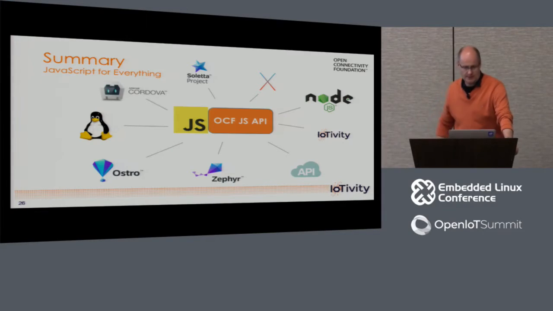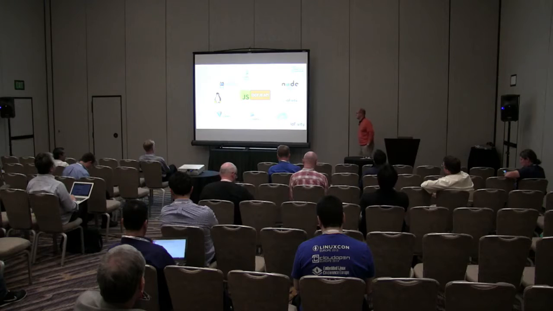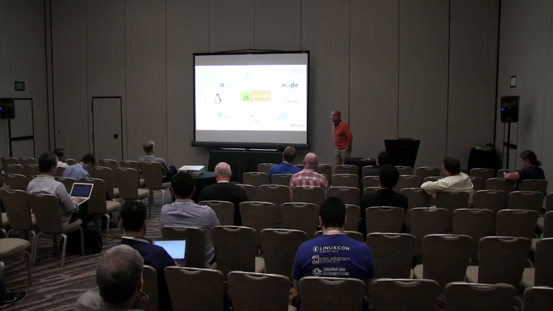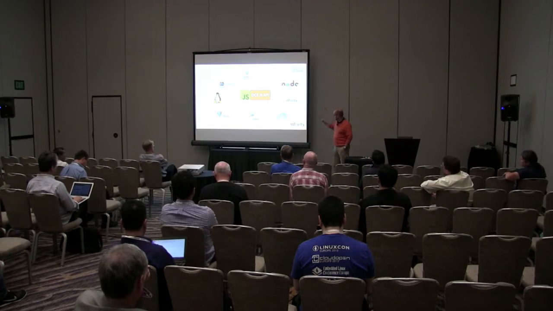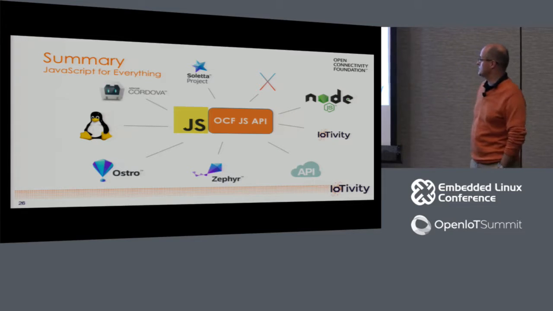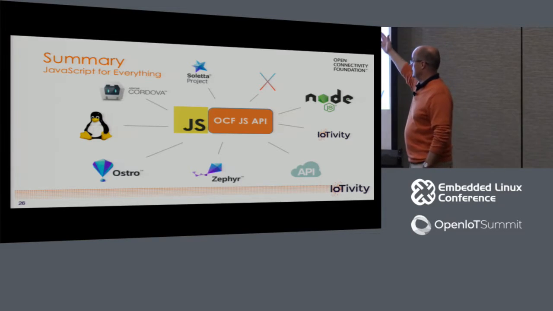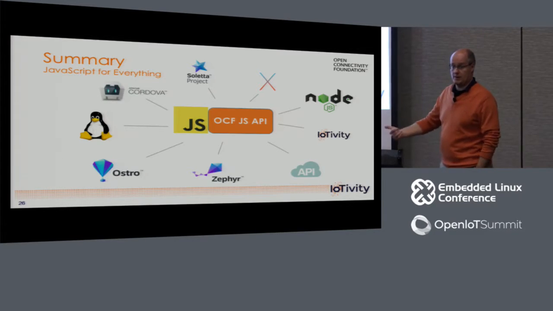So as a summary, we've covered a lot of different technologies, OSes, APIs, but the core piece of everything is the OCF JavaScript API, which is standard across all the OSes. You can use multiple operating systems, and IoTivity is the core technology behind the API, but it's not the only one.